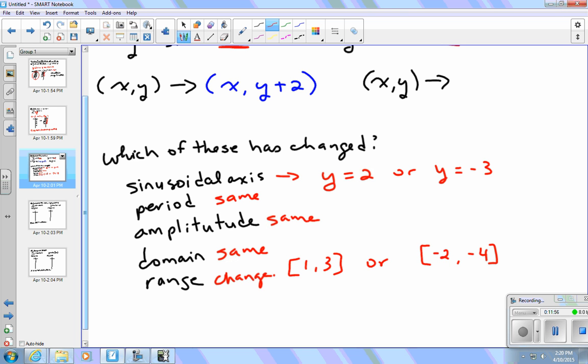Okay, so the range and the sinusoidal axis changed with the vertical translation. And I see I didn't write the mapping rule for the second one here, but it would be xy maps onto x and y minus 3. So you're adding 2 to the y values in this case, subtracting 3 from the y values in that case.